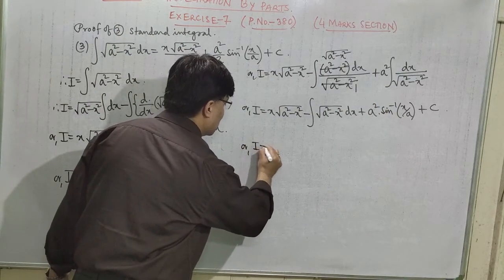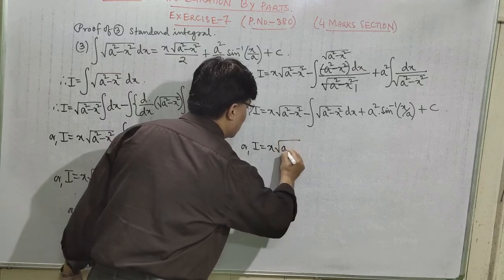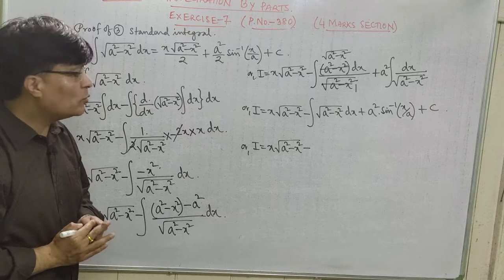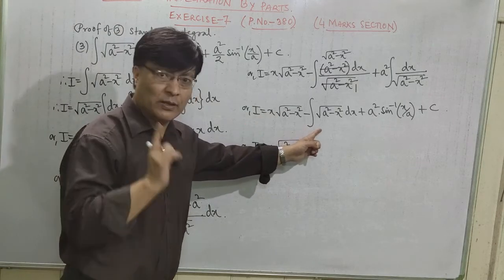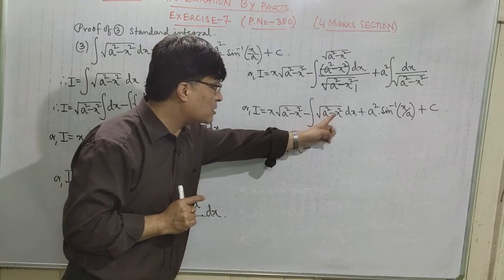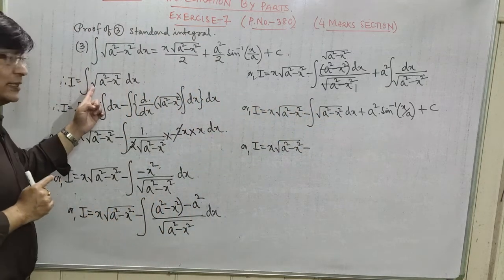So I is equal to x root over a square minus x square minus, what will you do with this integration? That is the integration of root over a square minus x square dx. Actually it is taken as I, isn't it?